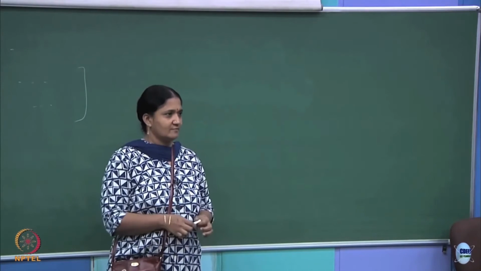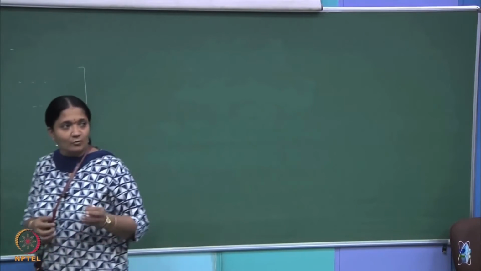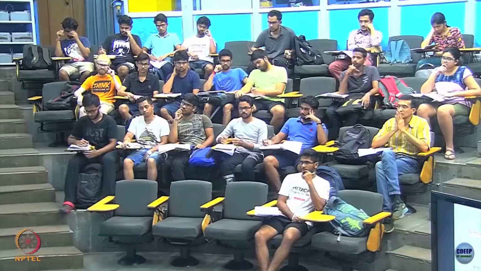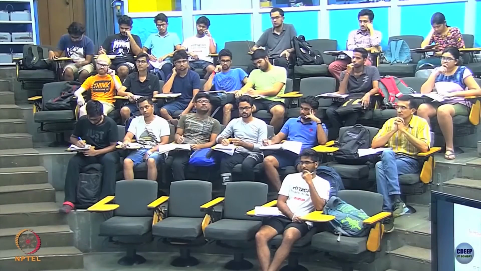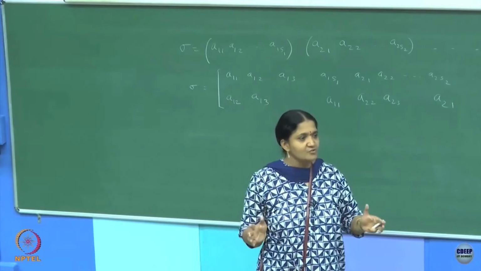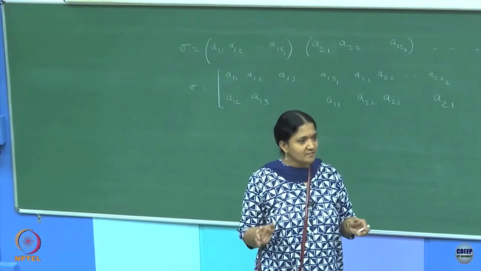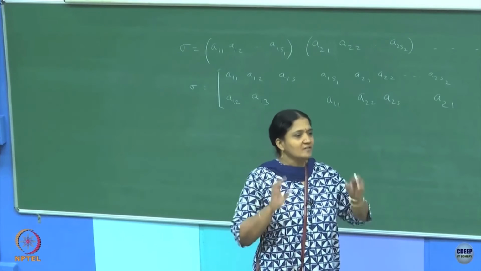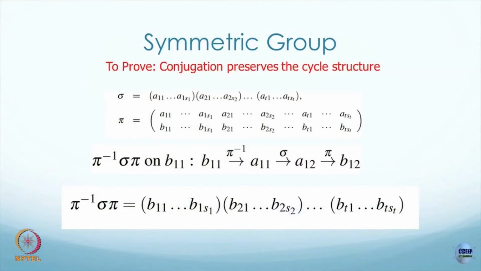You can do whichever way you want. I am just trying to say that if you started with a sigma with some specific cycle structure, a conjugation will not alter the cycle structure. That is all I am trying to motivate, these are the steps. Even though I have looked at a specific element in this order of pi inverse sigma pi, you can see that the conjugation preserves the cycle structure.